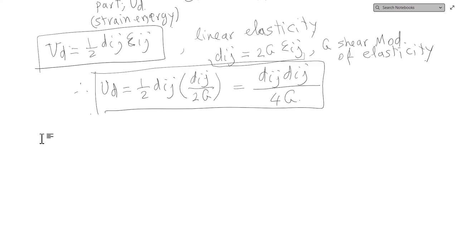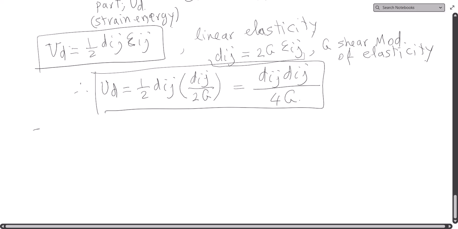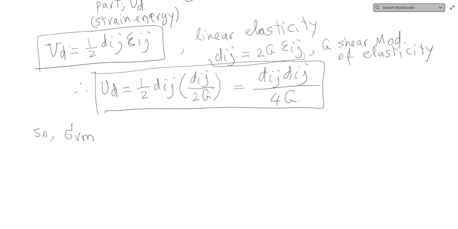So from here we can say that sigma Vm, the von Mises equivalent stress based on your state of stress, is the square root of 3J2.